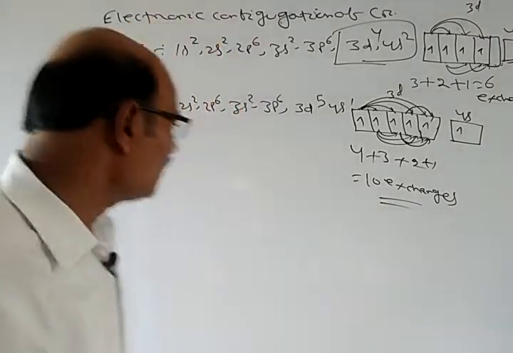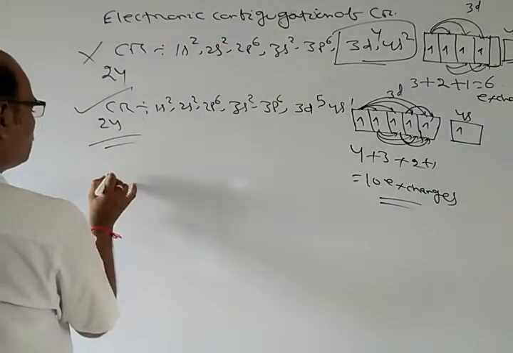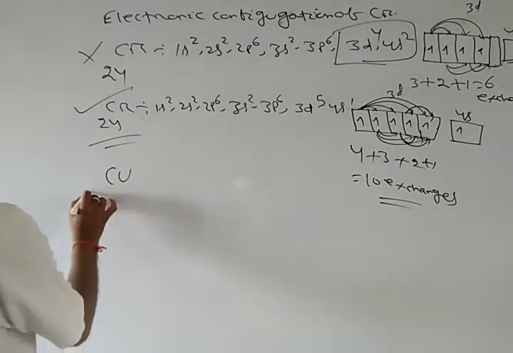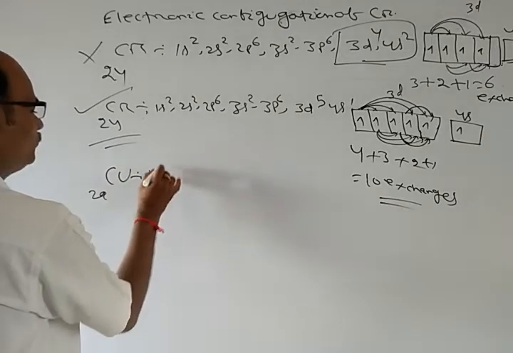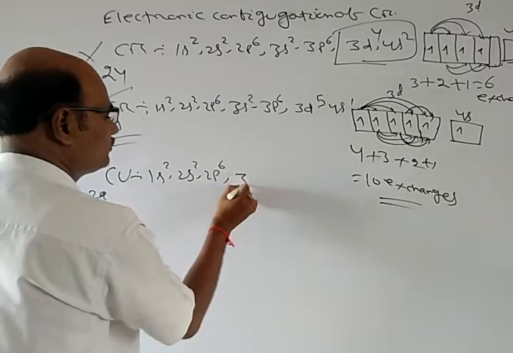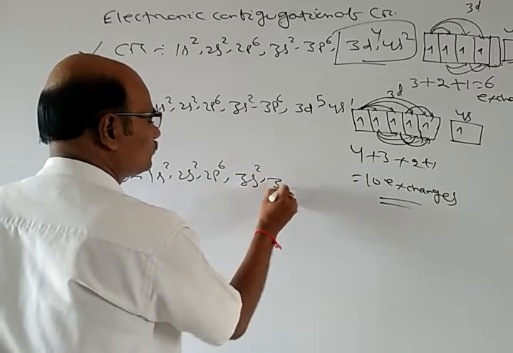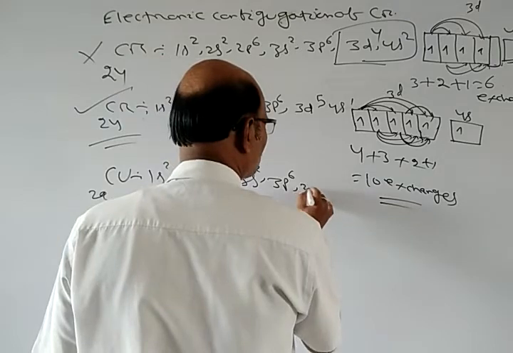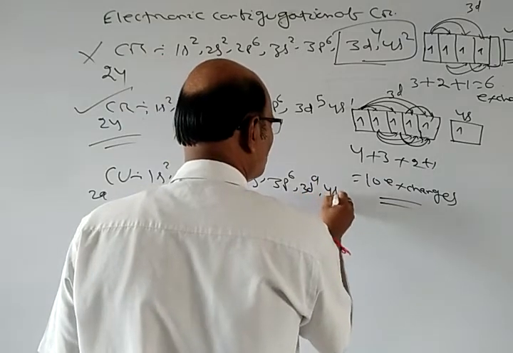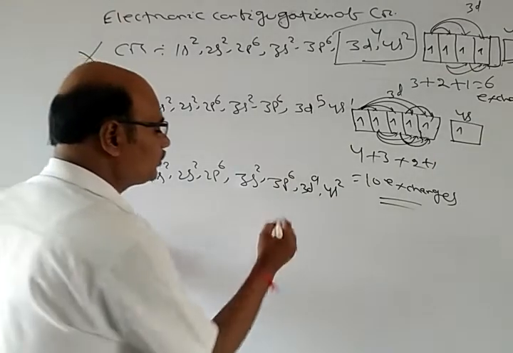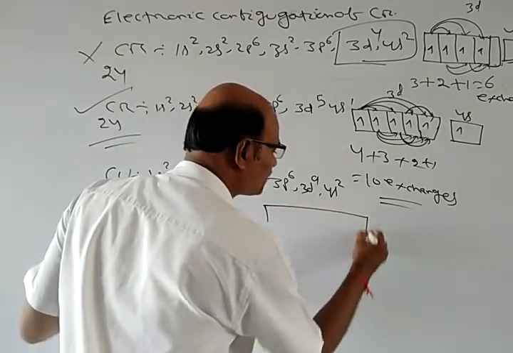Similarly, if I go for copper, 29, we have 1s2, 2s2, 2p6, 3s2, 3p6, 3d9, 4s2. So here you see we have 3d9.